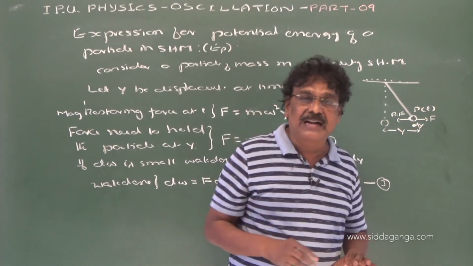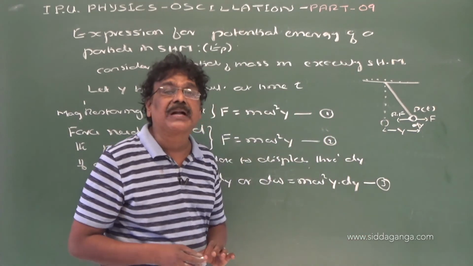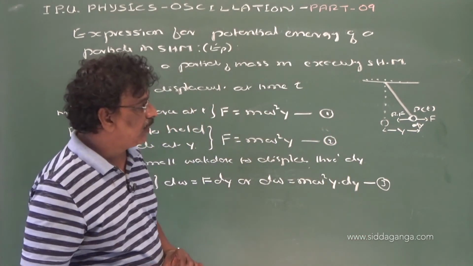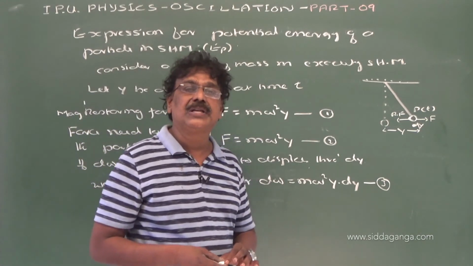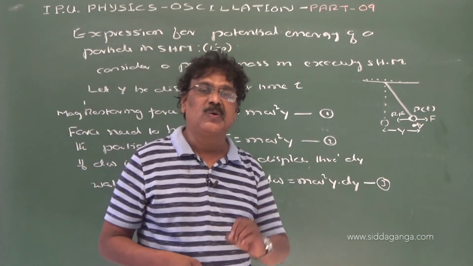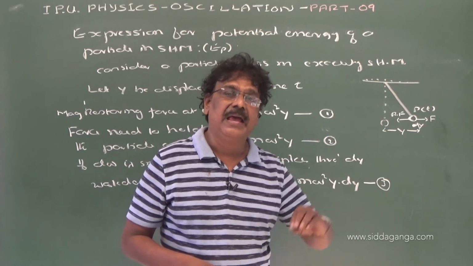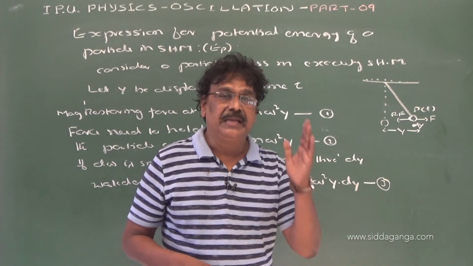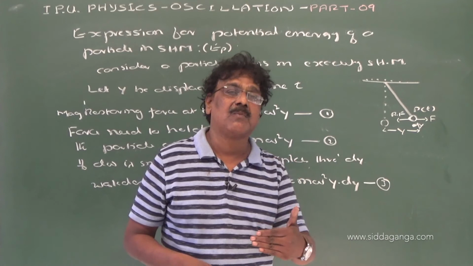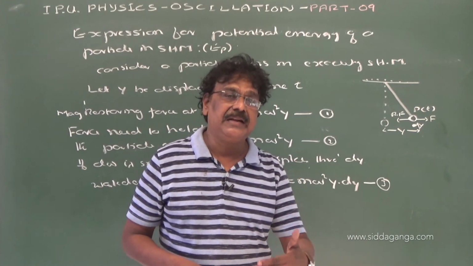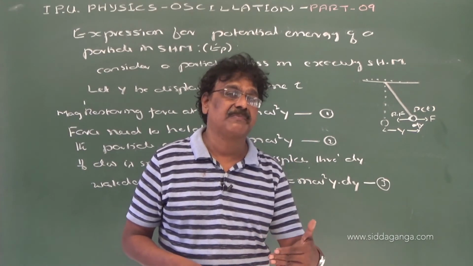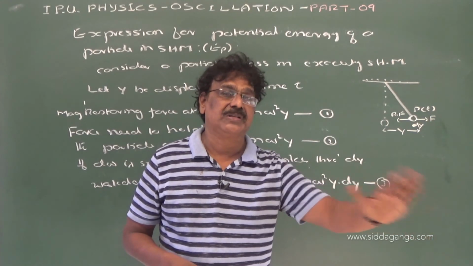That amount of work done appears as potential energy. Therefore, the potential energy of the particle executing simple harmonic motion at any instant of time is equal to the total amount of work done in displacing the bob from its mean position to the position at that instant.